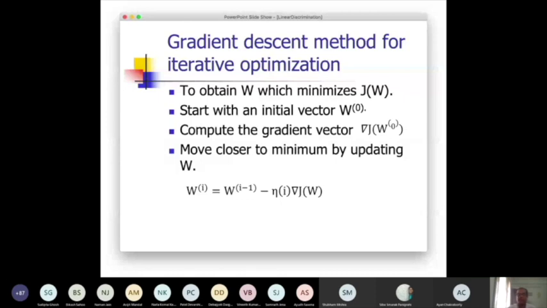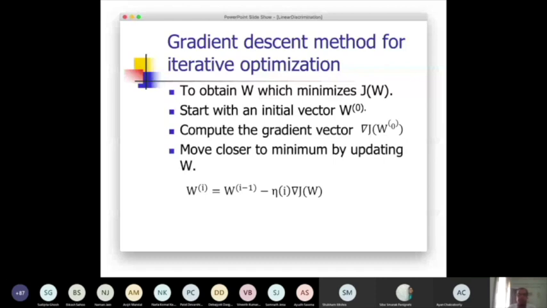And eta(k) is the step size, the amount of step you should take in that direction. As you move closer to the minimum, you should decrease this step size, otherwise you may jump over the minimum and keep oscillating along that direction.